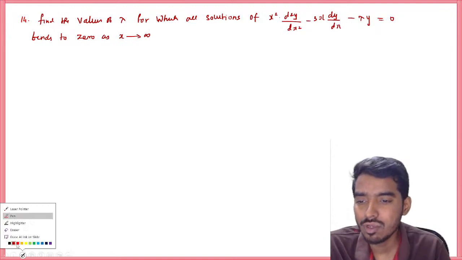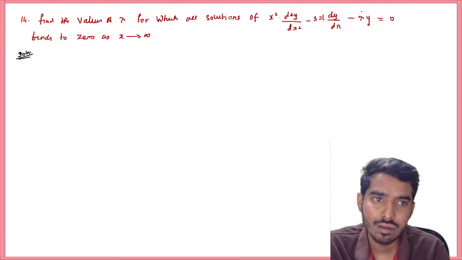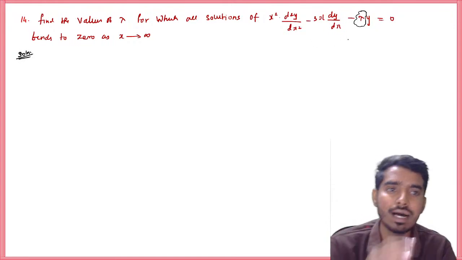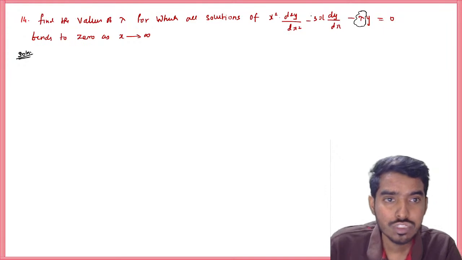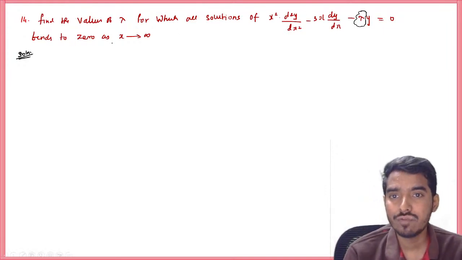Very interesting problem. We need to find all values of lambda such that the solution of this equation must tend to 0 as x tends to infinity, right?